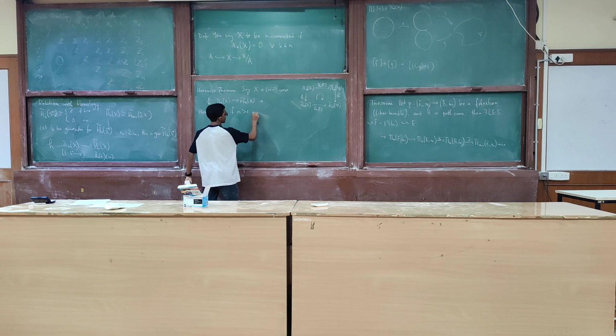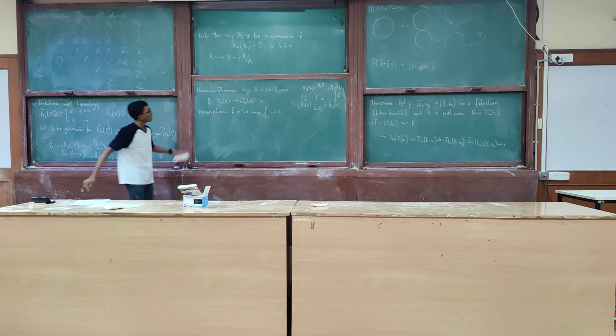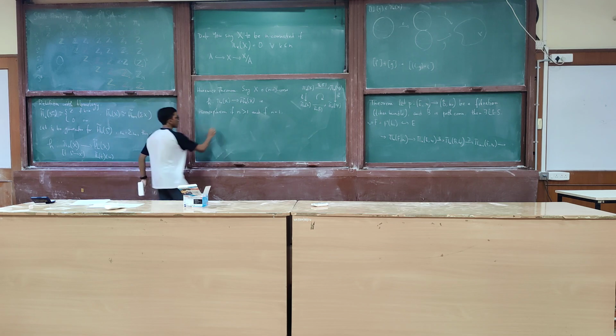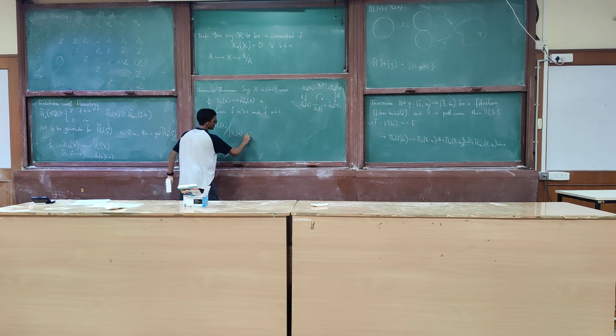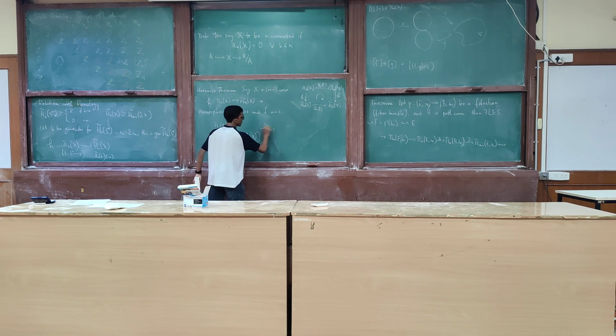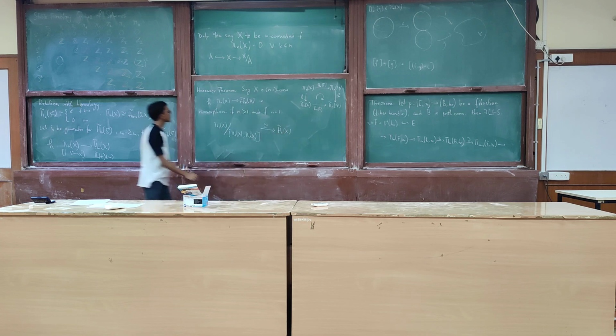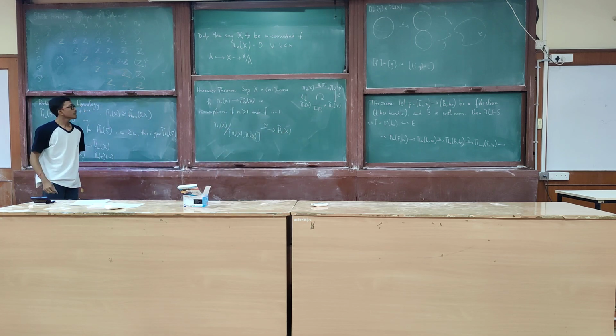In the case of n equals 1, it induces an isomorphism from pi_1 of X modulo its commutator, since homology groups are always abelian, so you can factor it out through the abelianization, and this will be an isomorphism. That's basically what the theorem says.